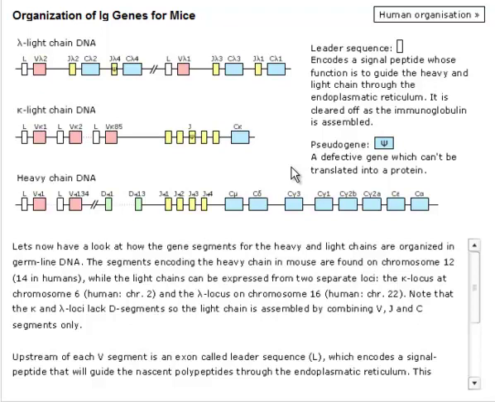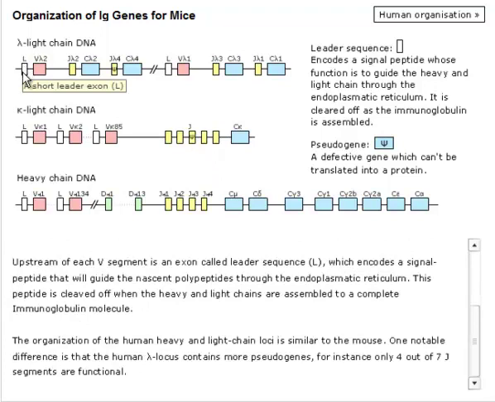They're defective genes that can't be translated into a protein anymore. Sometimes that happens over evolution. Evolution is a random process, and it can make mistakes that are not plausible for the development of a new gene. These are the evolutionary mistakes that occur over time.